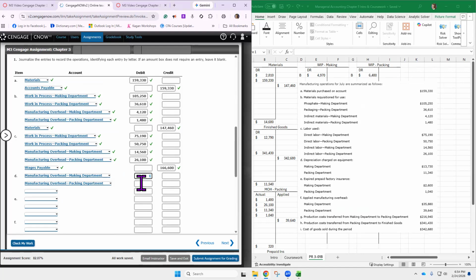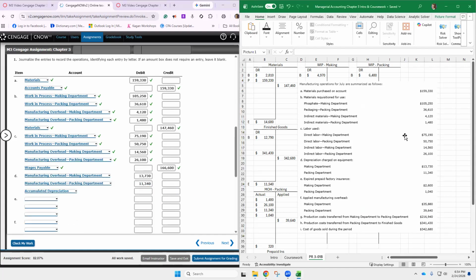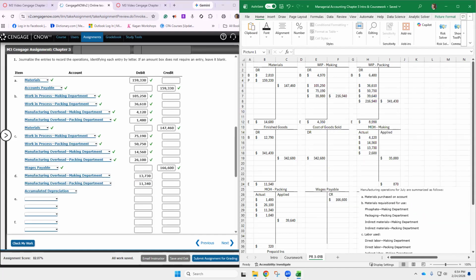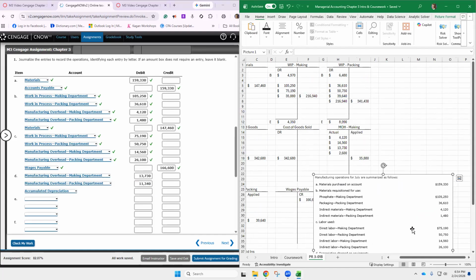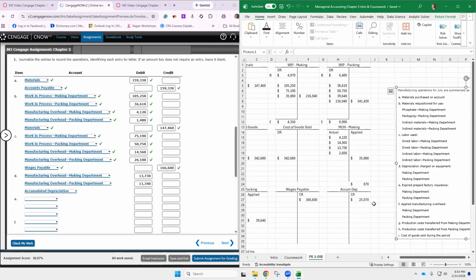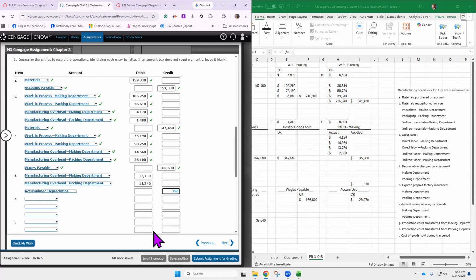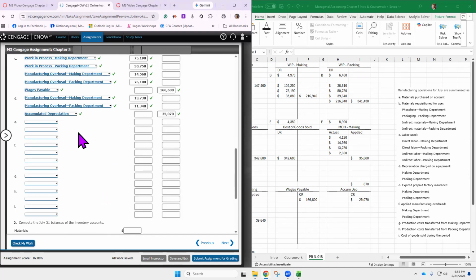Here comes the depreciation into manufacturing overhead, and then it's all going to be credited to accumulated depreciation, 25,070. Okay, go ahead and check it. All right, we're ready for E now.